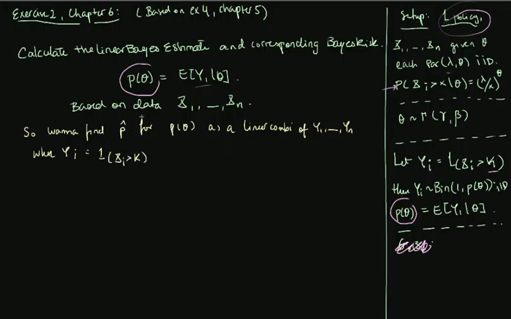In that sense we will have a linear Bayes estimator which is based on the data x1 to xn, however it will not be linear in x1 to xn.